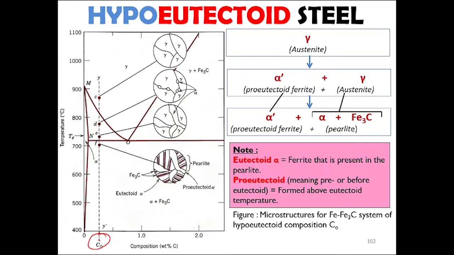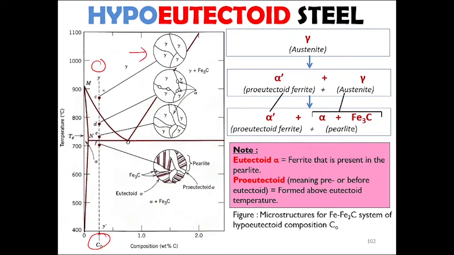The composition is less than 0.76% of carbon content in iron, so it will form hypoeutectoid steel or hypoeutectoid microstructure.